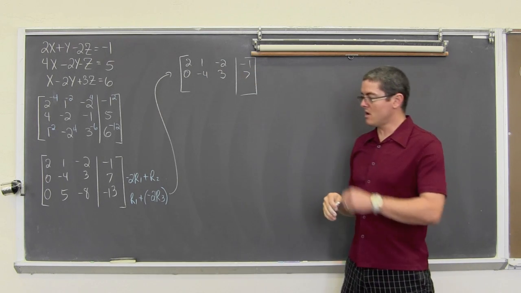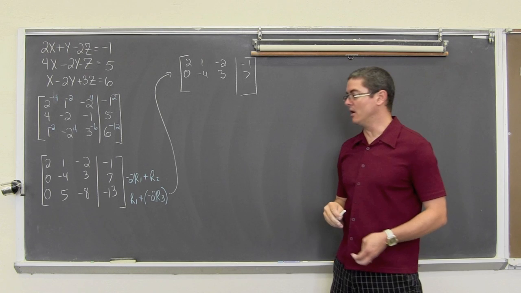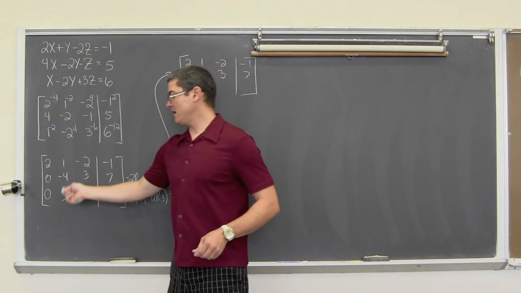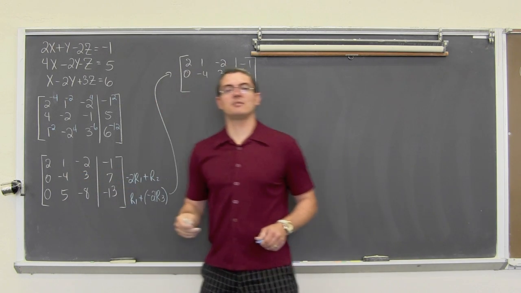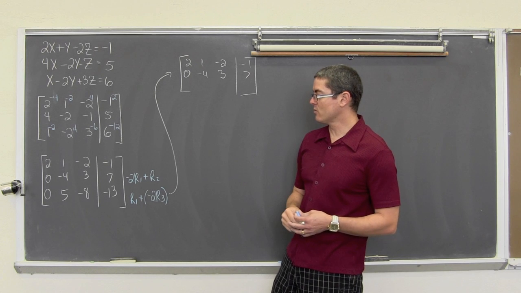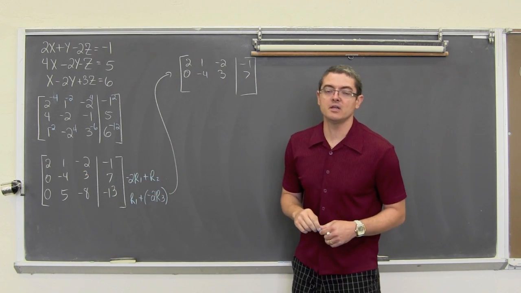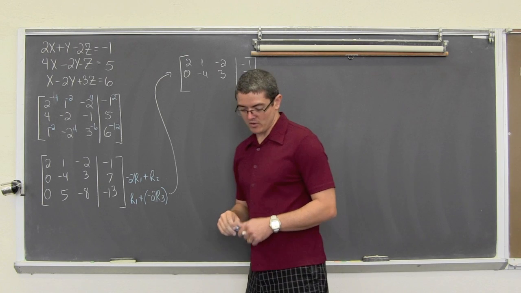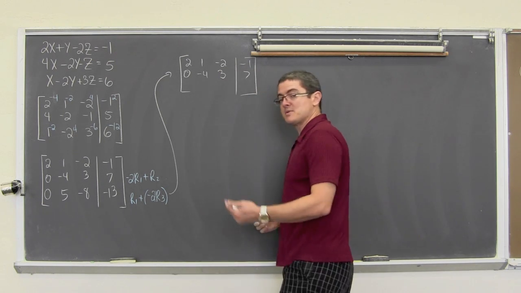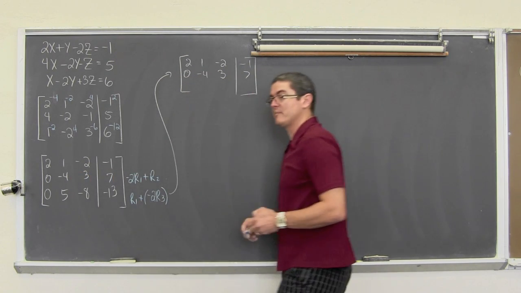And now let's work on that third row. I want to be able to add these and get a sum of 0 in my third row. So I need those to be opposites. The lowest common multiple between 4 and 5 is 20. So I'm going to take row 2 and multiply it by 5.